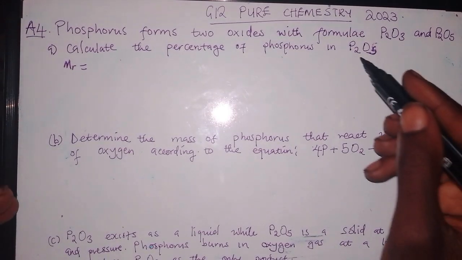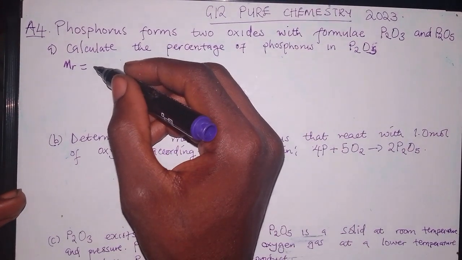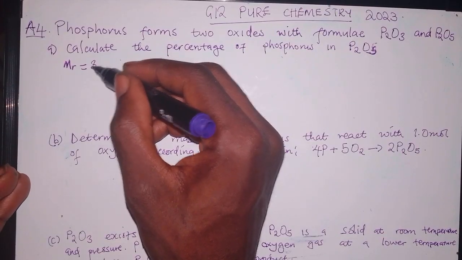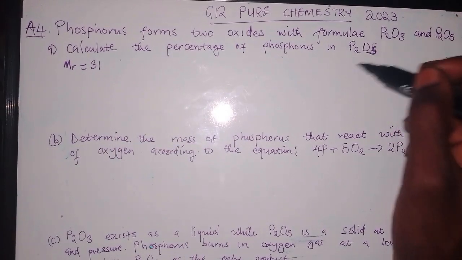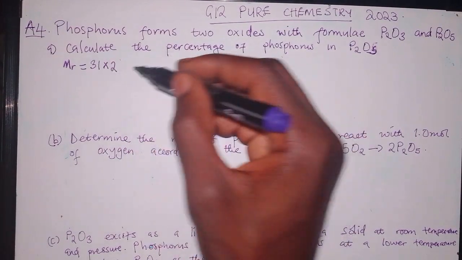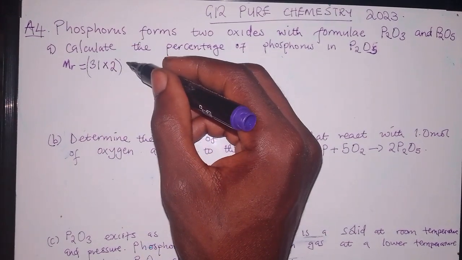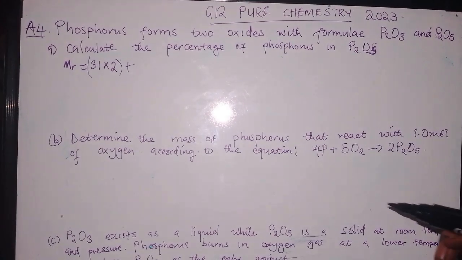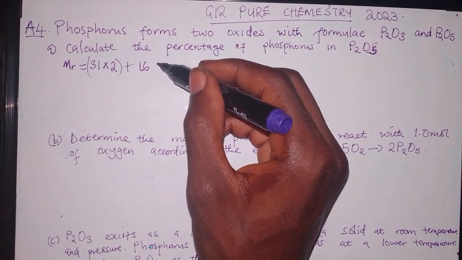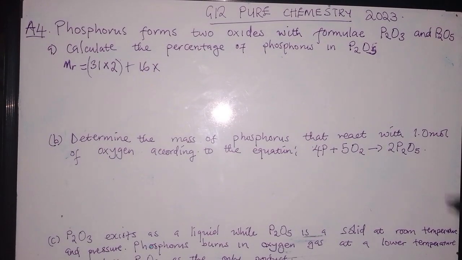So we know that phosphorus has a molecular mass of 31. Here we have 2 phosphorus, so we multiply by 2. Then plus, you come to oxygen. The molecular mass for oxygen is 16, and we have 5 atoms of oxygen.